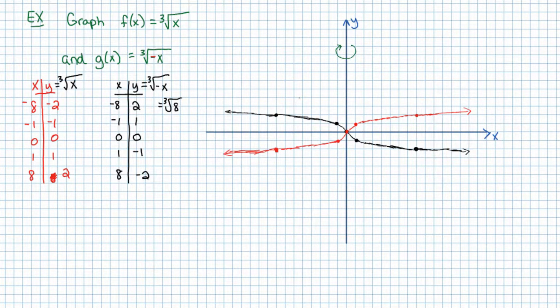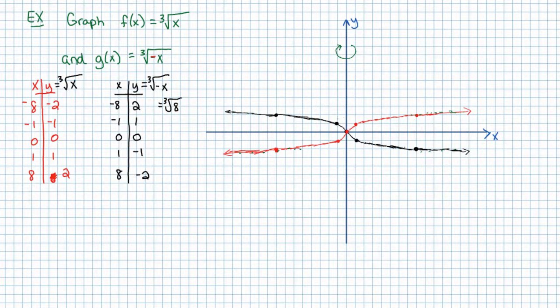It actually has. All of the points along this red curve get reflected about the y-axis and are graphed over here. And the same thing for the ones on the red curve on this side: they get reflected and are on the black curve on the other side. So it does get reflected about the y-axis.